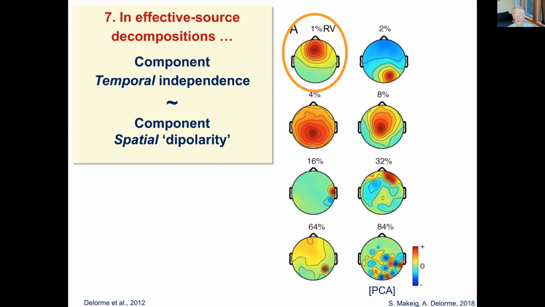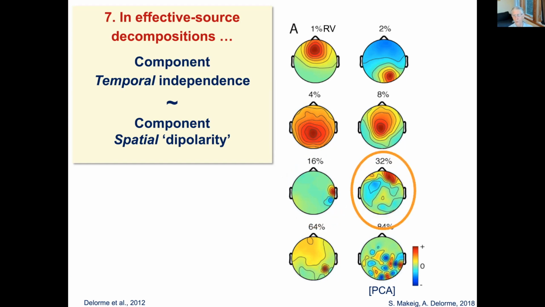Here with only 1% residual variance in that head model. Here with 2%, here with 4%, here with 8%. Here 16%, although that value may be artificially inflated a little bit by the sparsity of channels on the side of the head.